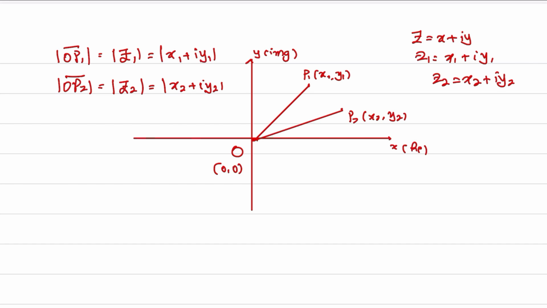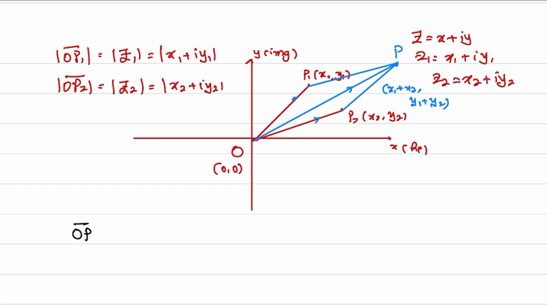Now, from the parallelogram law for vectors, if you remember from your basic elementary mathematics, this point is the resultant of this vector and this vector. This vector is OP1, this vector is OP2. The resultant of both is at the coordinate x1 plus x2 and y1 plus y2. Let us say this is OP.